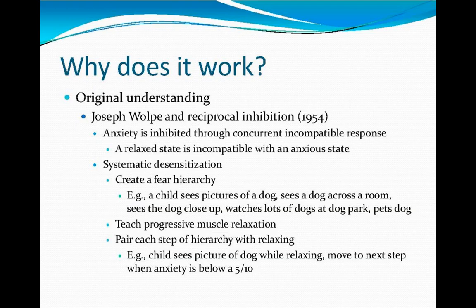So the way he developed systematic desensitization was that you teach the individual to become relaxed, so progressive muscle relaxation. And if you pair that relaxed state with the feared stimulus, then the relaxed state inhibits the anxious state. You can't be both anxious and relaxed at the same time.